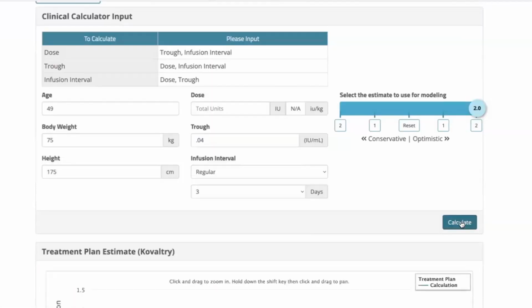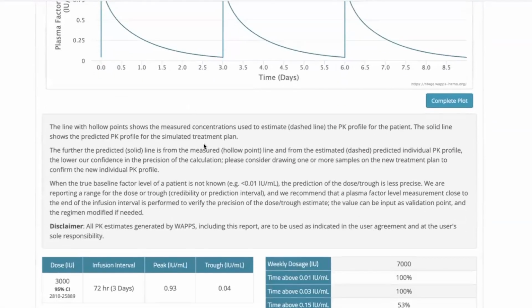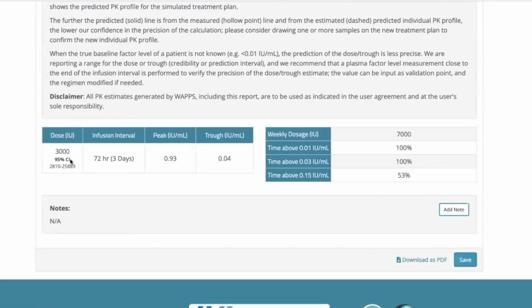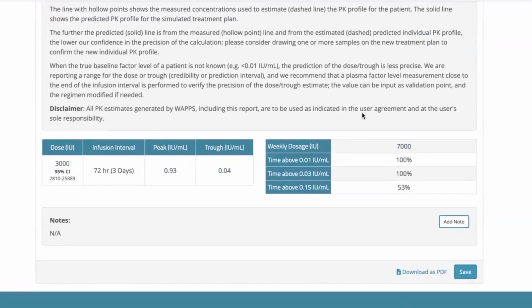Now the system is redoing the calculation, assuming this patient has the most favorable PK of those reasonable. And it's actually working. This patient would get there with a dose of 3,000 units every 3 days. He would have a peak of 0.9 and a trough of 4. He would use 7,000 units a week and always be at 100%.